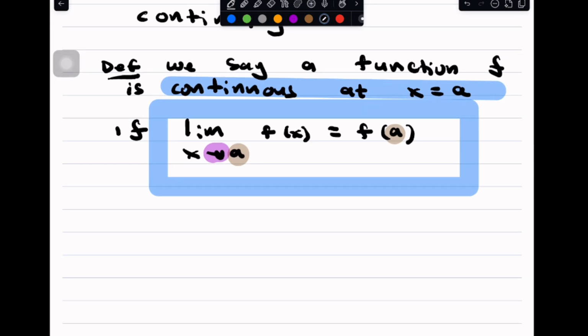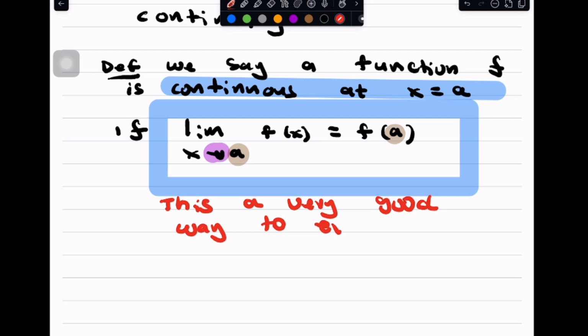Because I want to now transition and give you this definition, because in this context this is a very good way to evaluate our what?